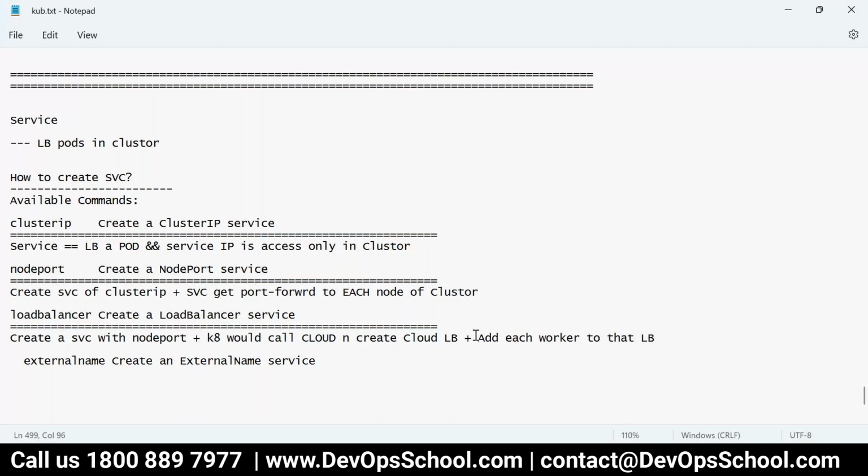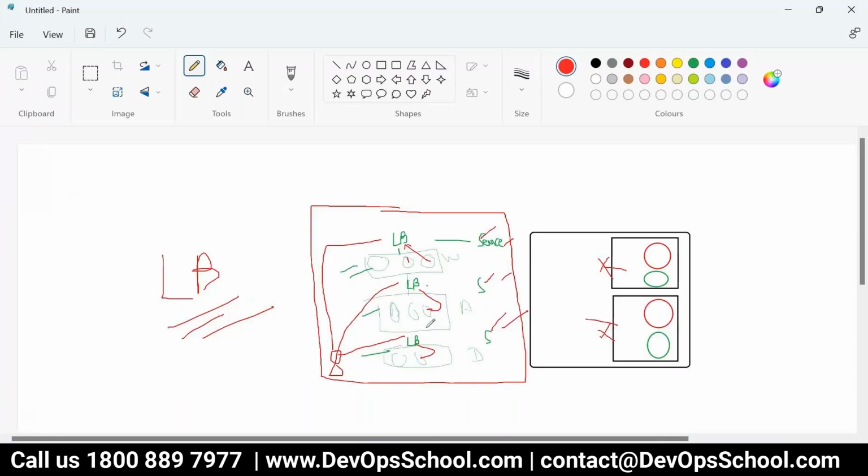You see that beauty. So if you want to access one particular node, you do a node port. But if I want to access both nodes and load balance across them, then you create a load balancer. This is managed by the cloud. Are you understanding, all of you?